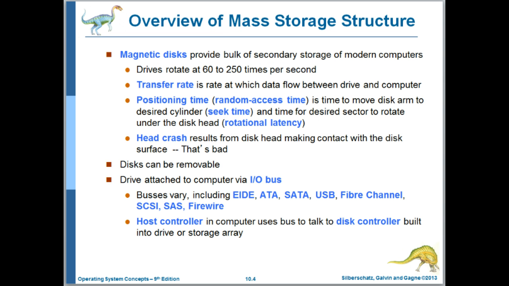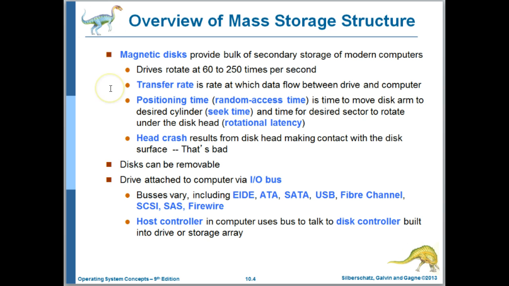So today we're seeing more and more solid state drives, but magnetic disks still dominate for secondary storage. We'll see a figure in the next slide, but magnetic disks are composed of disks that rotate at some frequency.